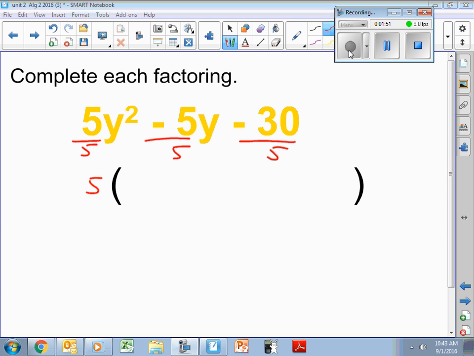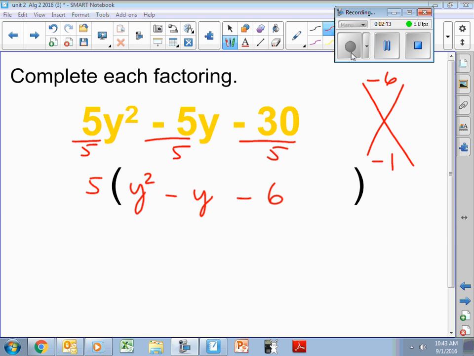Because we divided by 5, that means we factored out a 5: y squared, -y, -6. Same one we had. We factored in the middle. Most of you should have the x. Somebody may be wondering, where do we get the -1?